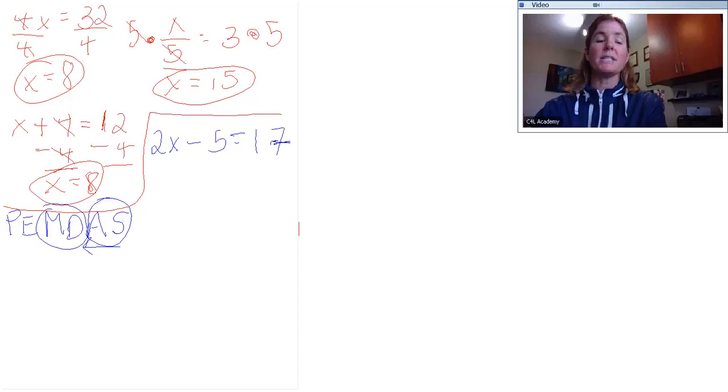When you're simplifying something that doesn't have an equal sign, a basic problem where they ask you to simplify it, meaning making it small, get down to one value, one answer, as clean as you can, then you're going to go in the order of PEMDAS: parentheses, exponents, multiplication, division, addition and subtraction, like we did in one of the earlier lessons.